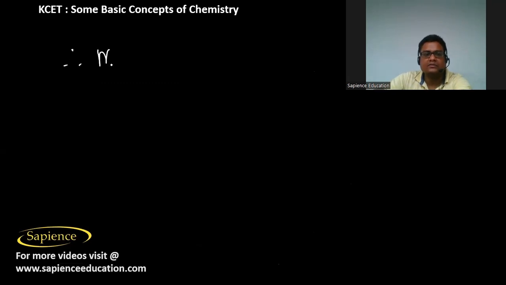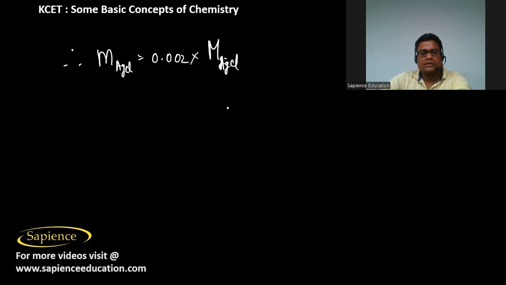The mass of silver chloride is equal to the number of moles, 0.002, into the molar mass of silver chloride. Now the molar mass of silver chloride is equal to 108, the atomic mass of silver, plus the molar mass of chlorine, that is 35.5.